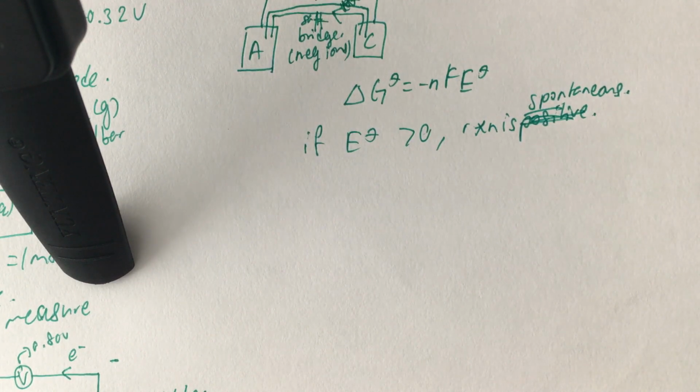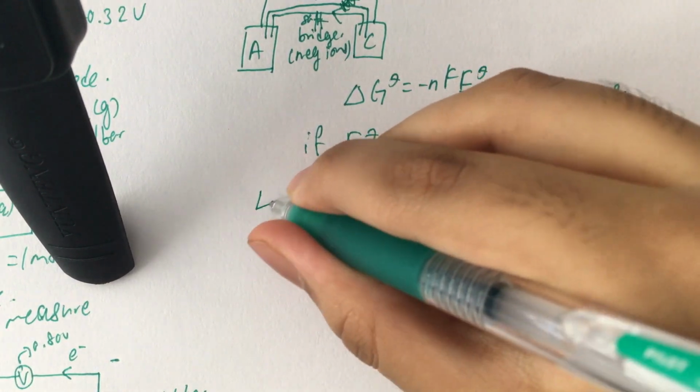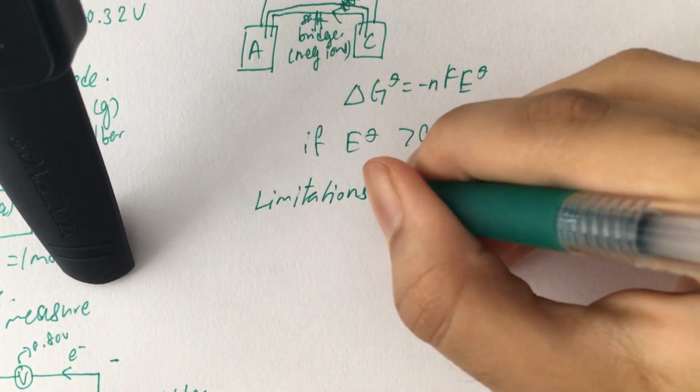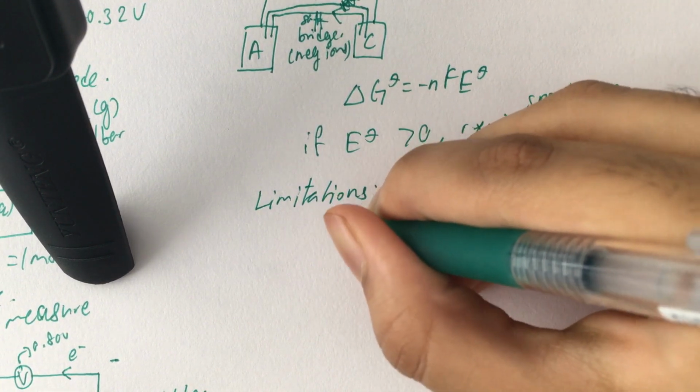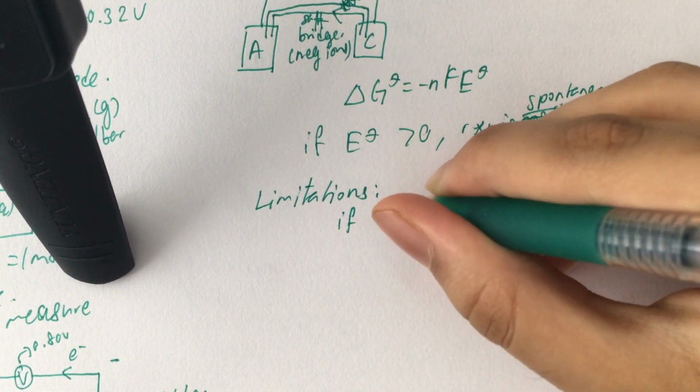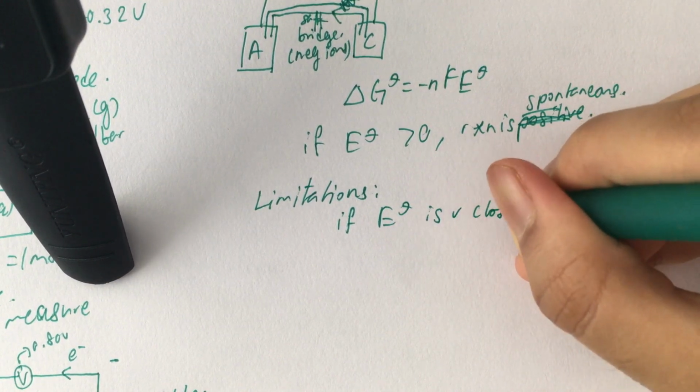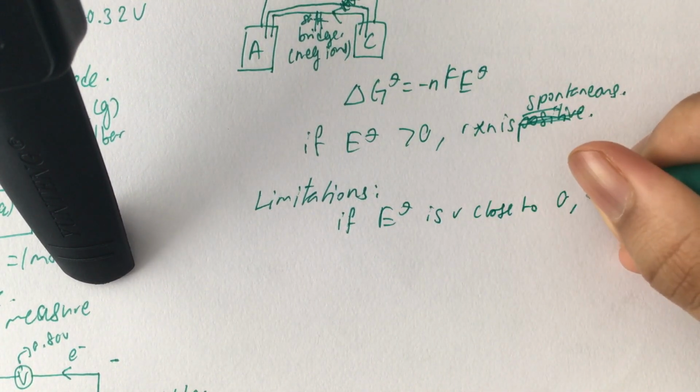Okay, cool. So the next learning outcome is to understand the limitations in the use of standard cell potentials to predict the spontaneity of a reaction. As we know from a previous time, some reactions may technically be spontaneous, but they don't actually happen in great detail.